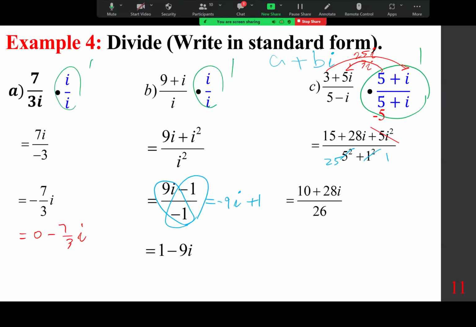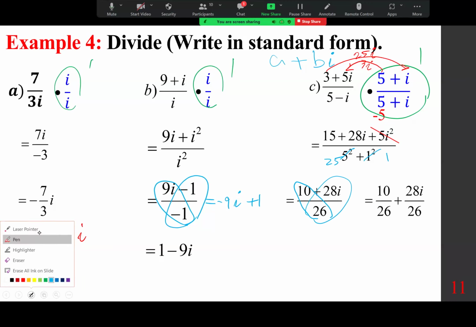Therefore, let's make up two fractions. This is 10 over 26. This is another one, 28I over 26. As you know, they are both divisible by 2. This becomes 5 over 13. Same thing here, this becomes 14 over 13I.